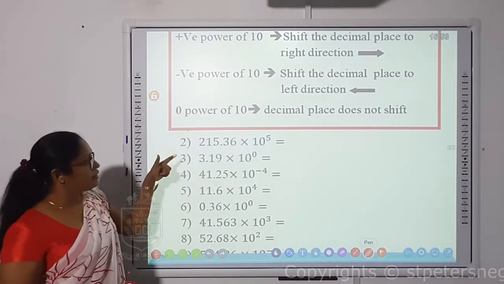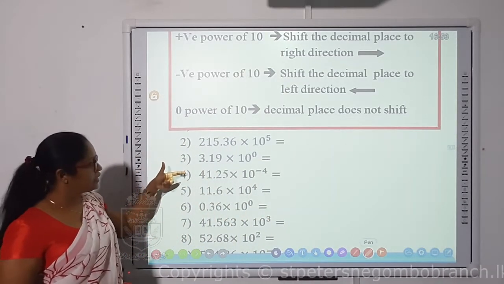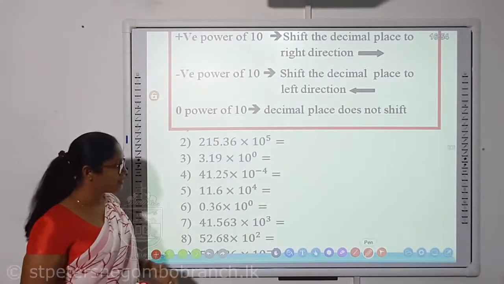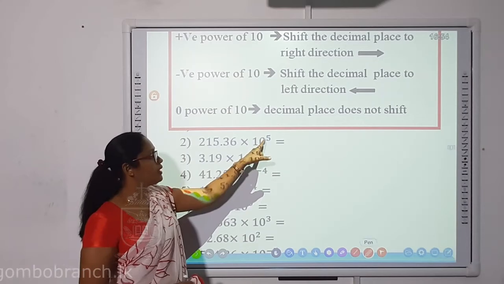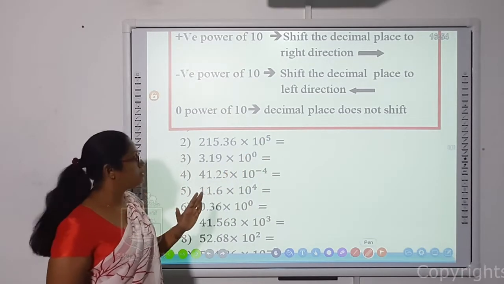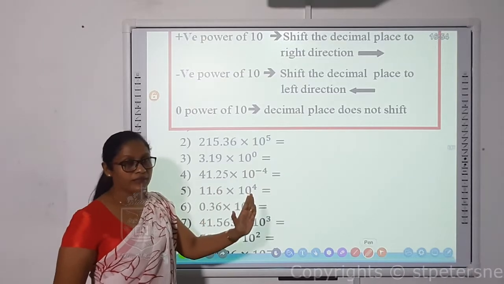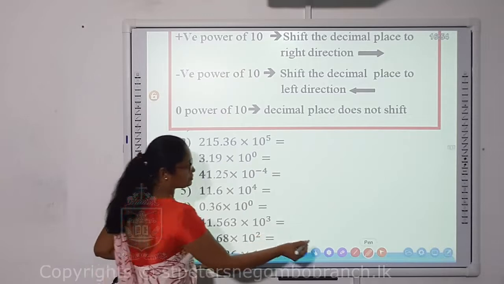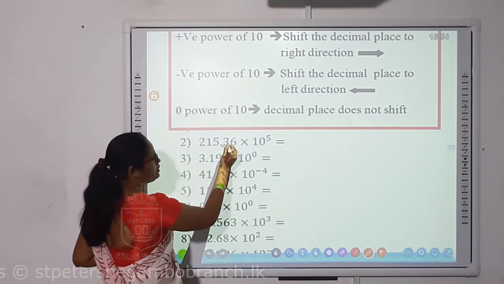I will try the first 3 questions, and you try the balance. Now here you can see the power. It is plus 5. Plus says what? Shift the decimal place to the right direction by how many places? 5 places. So here 1, 2.